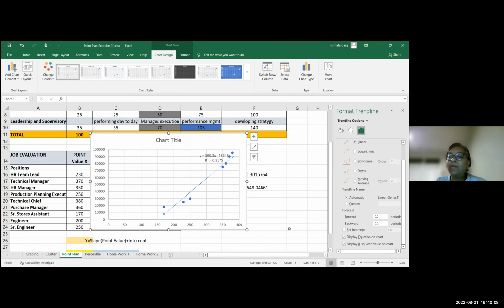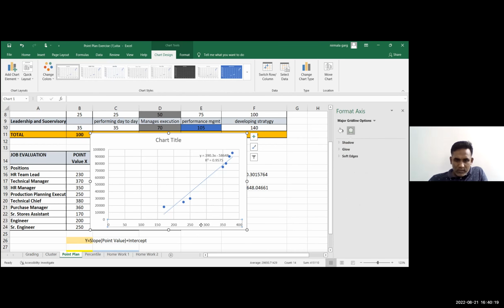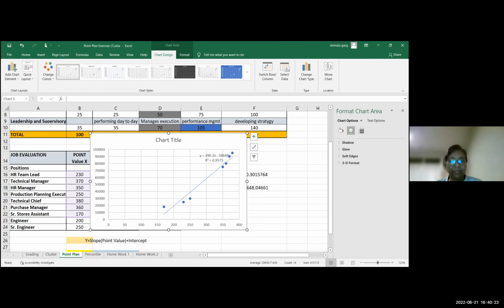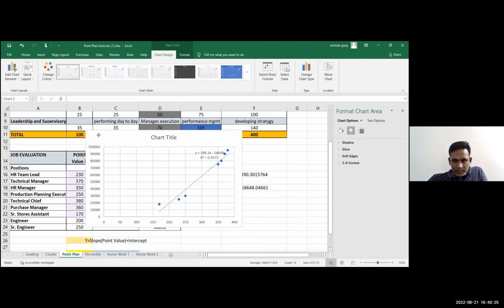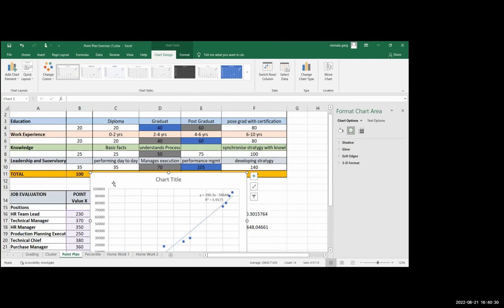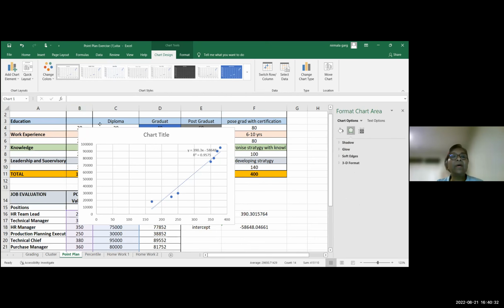Okay. Now can you see this value? Can you see the value here? Which is equal to the value we have calculated. Slope and intercept. I'll push it up, 1 second.